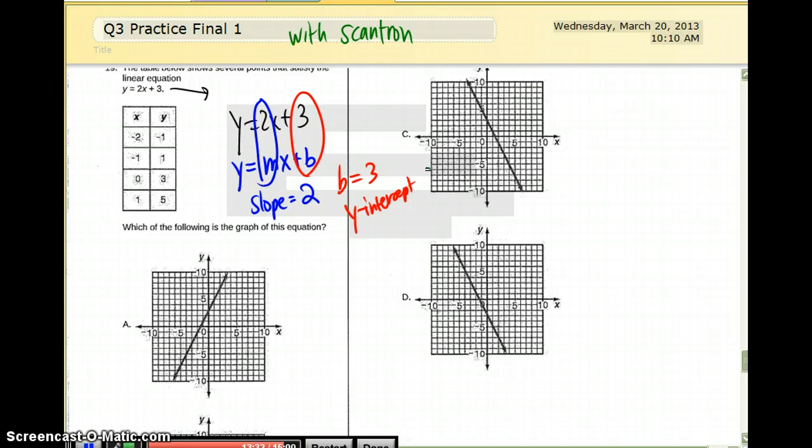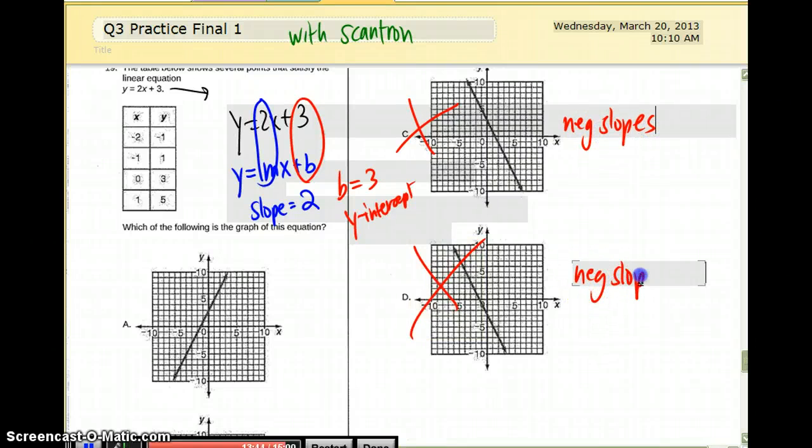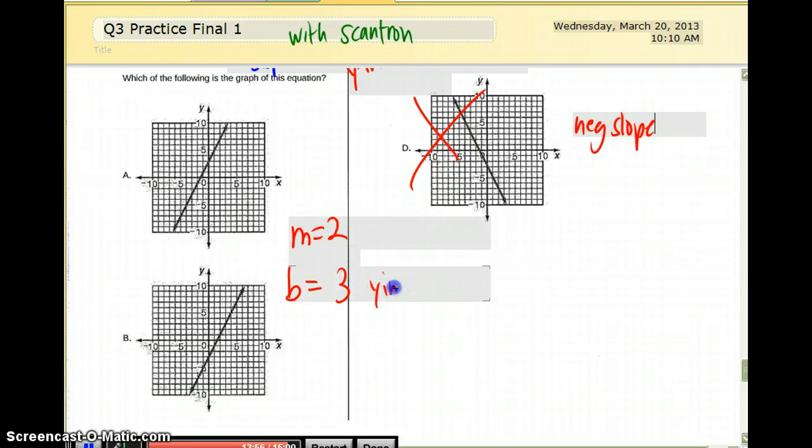So the line that I want to pick will be positive 2. Now the only positive slopes here would be A and B. So I'm definitely not going to pick C or D because these are negative slopes, and my equation doesn't have a negative slope. It's positive. So just looking at A and B, I want to look for the one that is not only a slope of 2, but also has a y-intercept of 3.